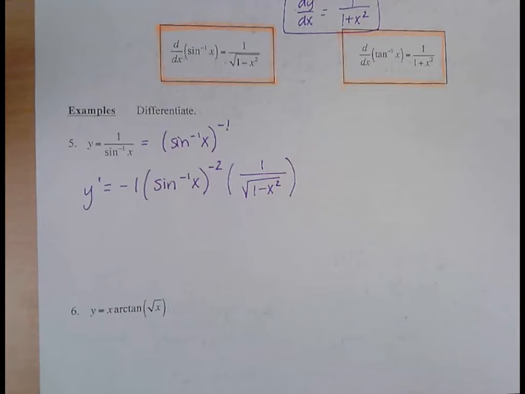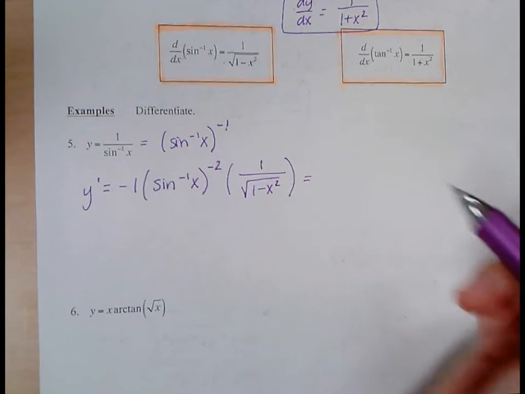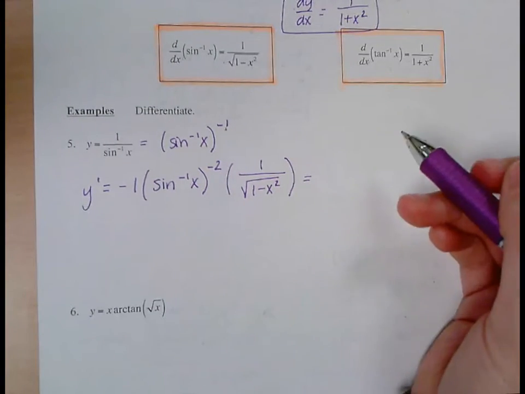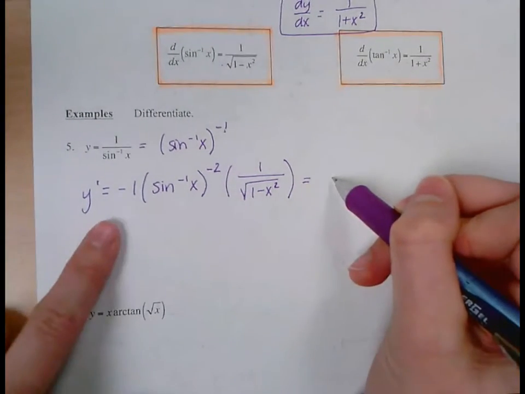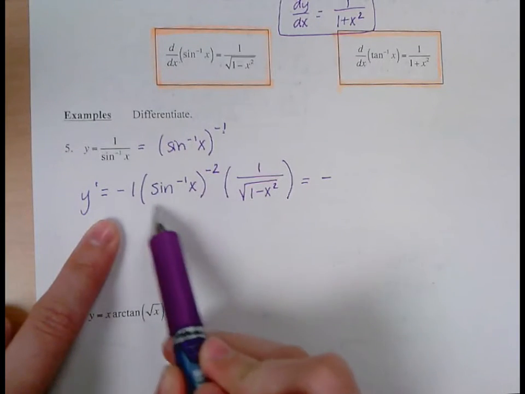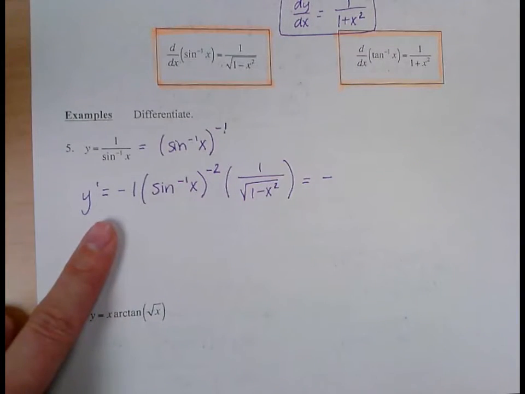Okay, so if you left that, that is the derivative. If you didn't want to leave that as your answer, yeah, AP test would rewrite it. You could write it so it's negative. This means inverse sine squared would be on the bottom.